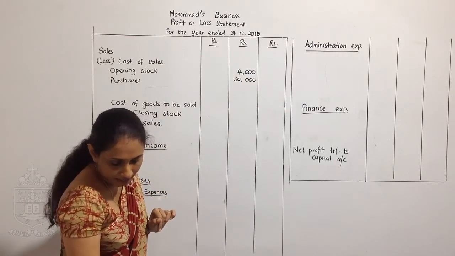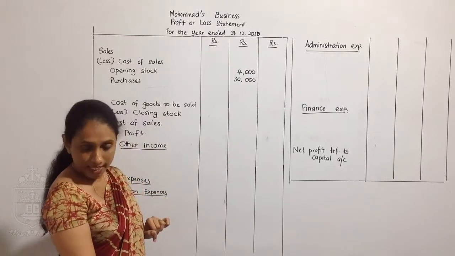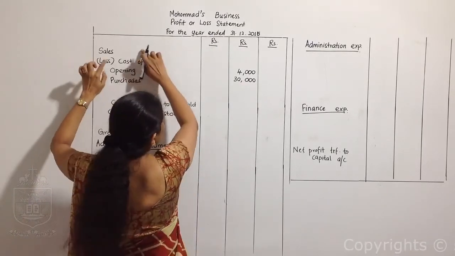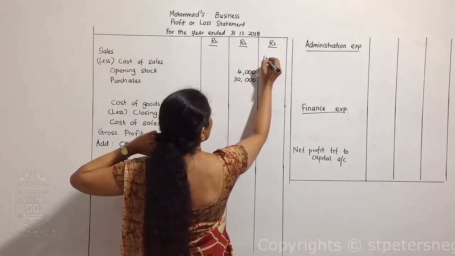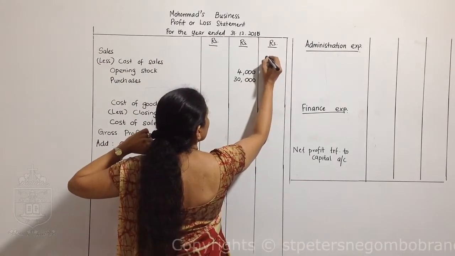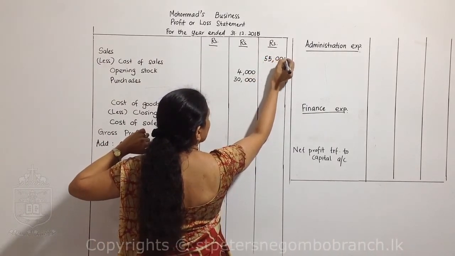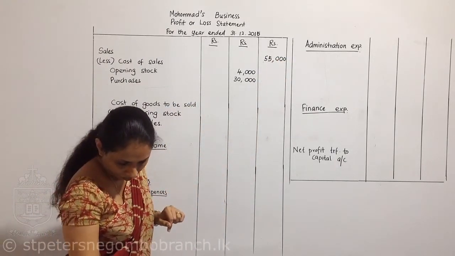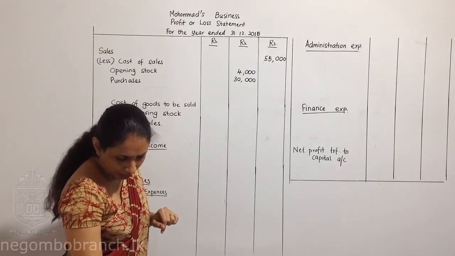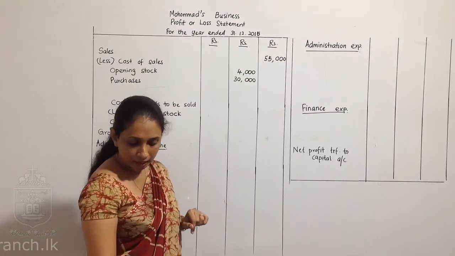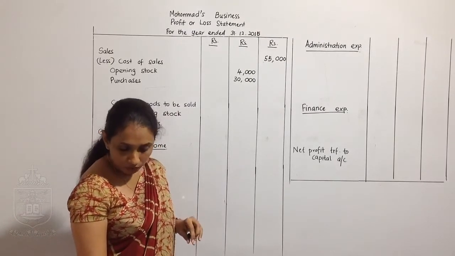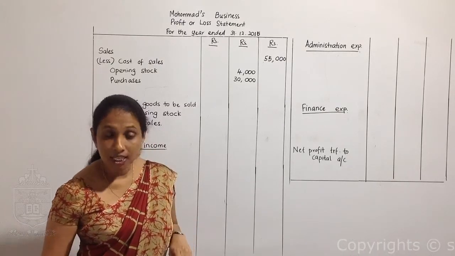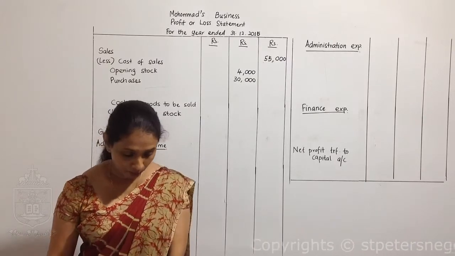Then we'll check the next tick line item which is sales, and that is 55,000. So we go to the sales line item and put it as 55,000. Then next we have the tick line item as discounts allowed, which is a sales related expense.